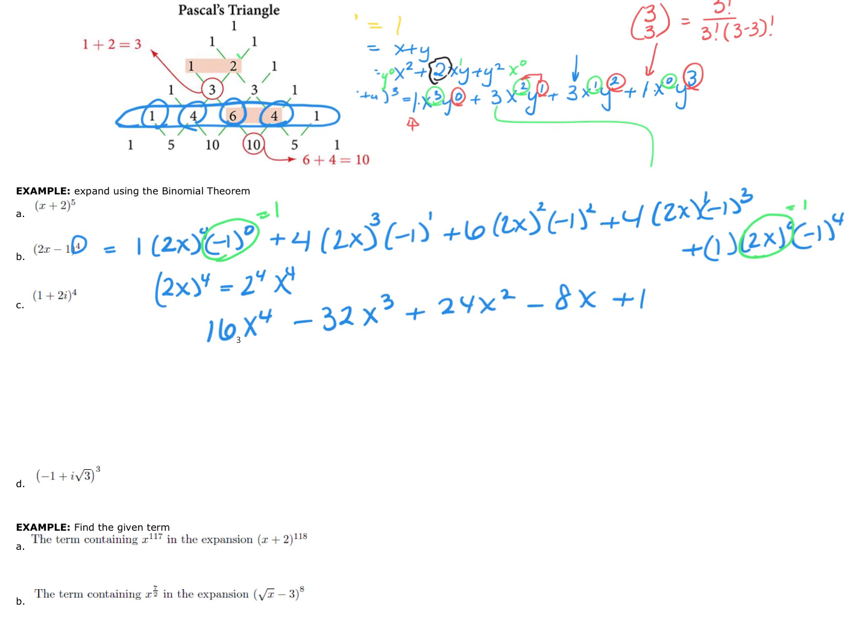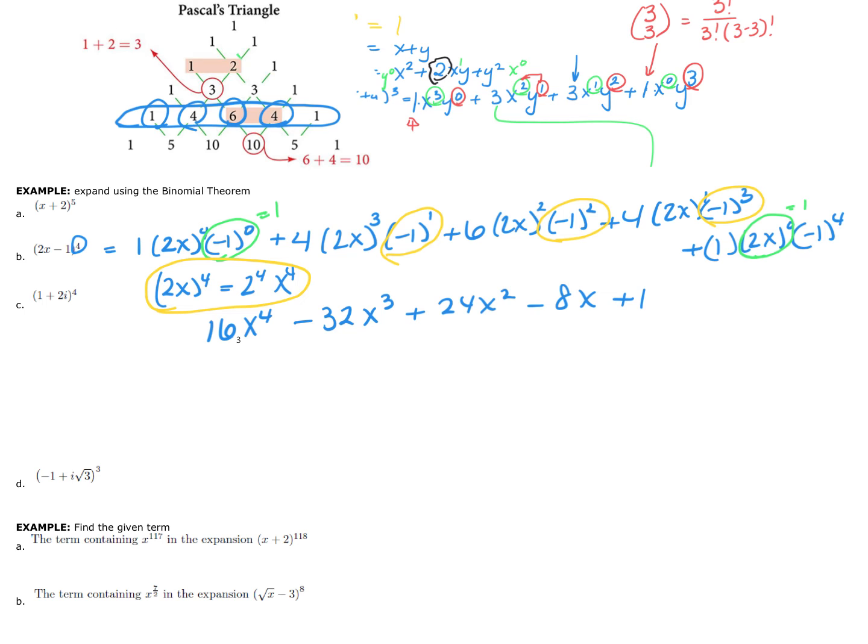So here, make sure that you are dealing with your negative 1 to the correct exponents. The other thing is that you've got to make sure that you take that 2x to the 4th and make sure that 2 gets that exponent of 4 as well as the x.